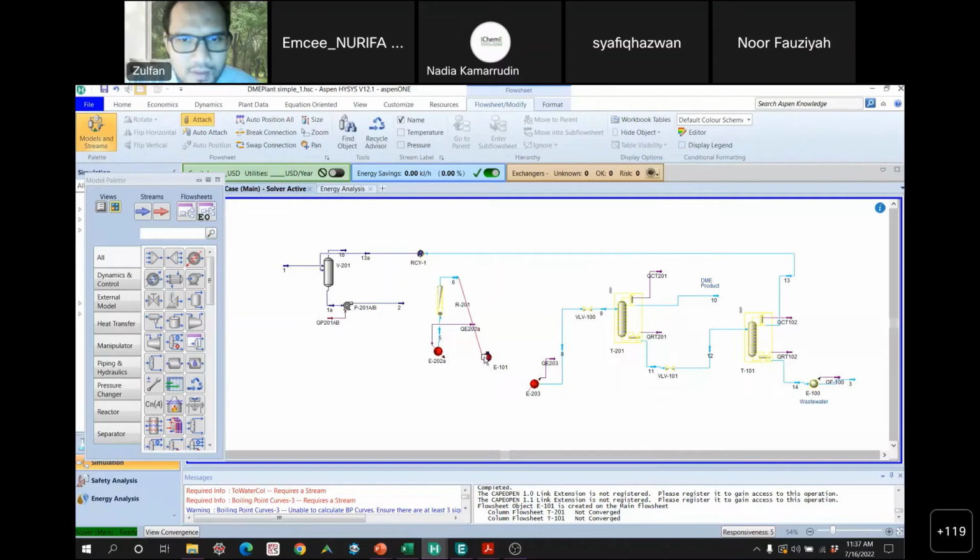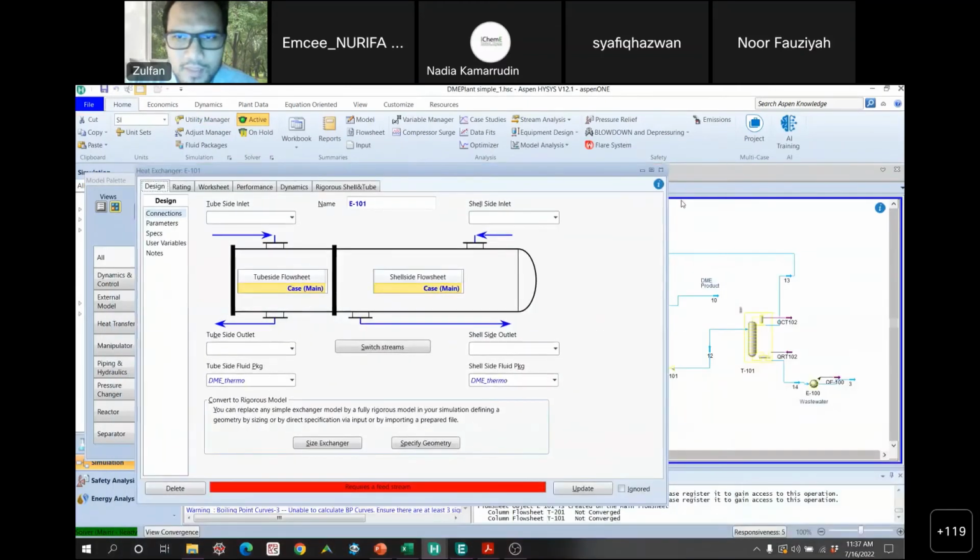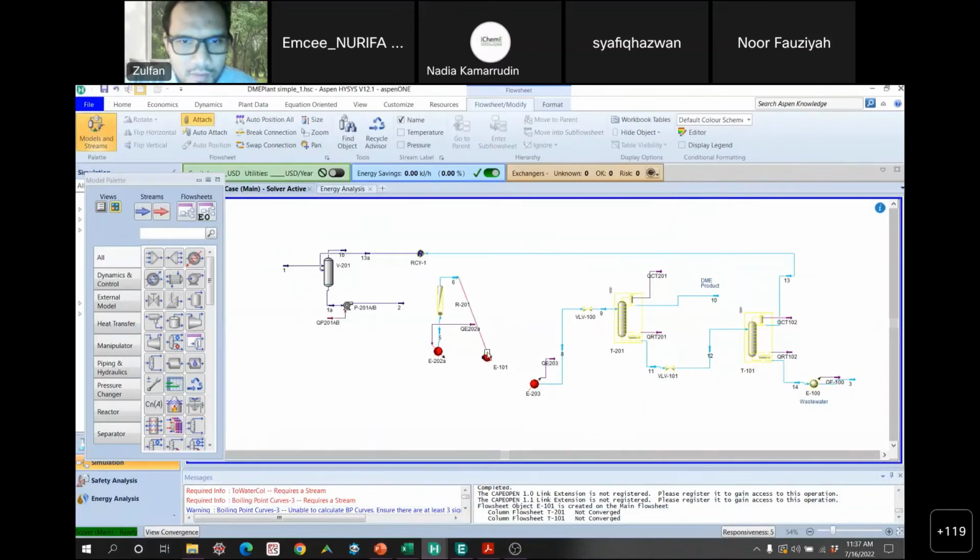Is it hot stream or cold stream? Tube inlet side. Oh, it doesn't matter in this case. So we put it over there, and then, I have to think.